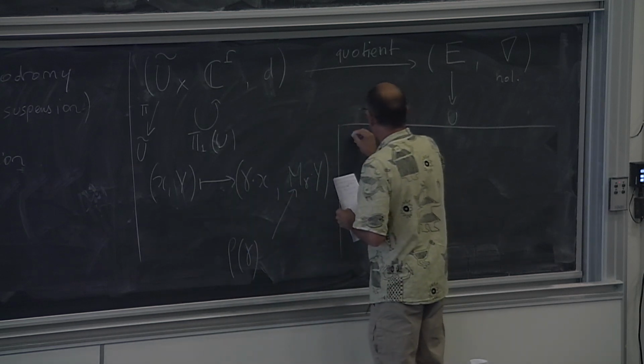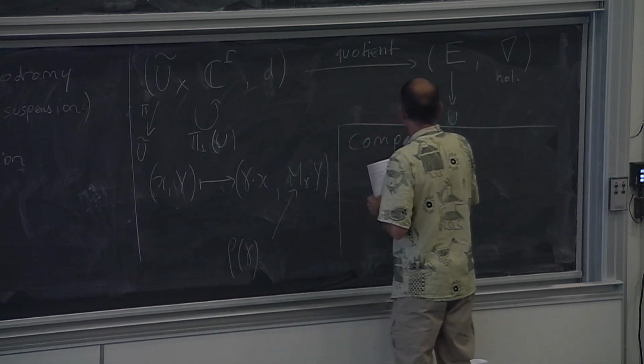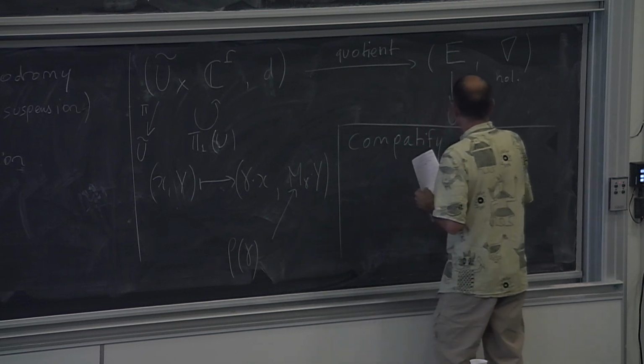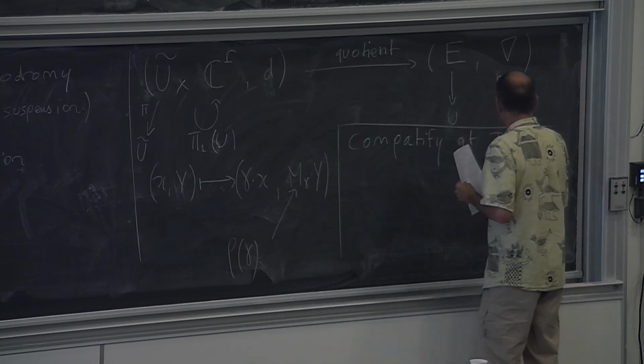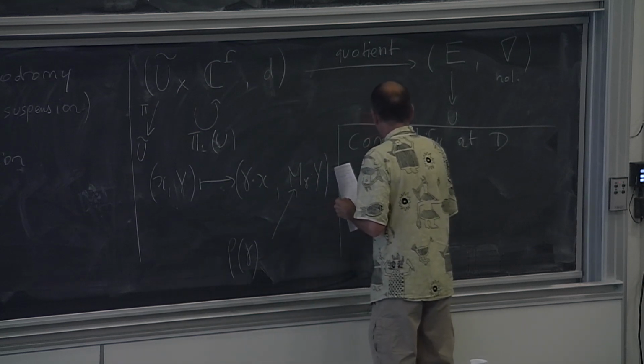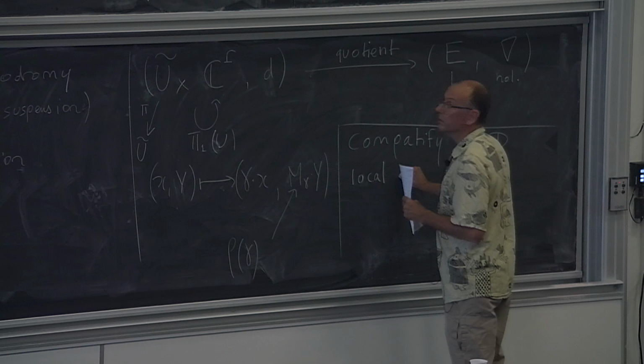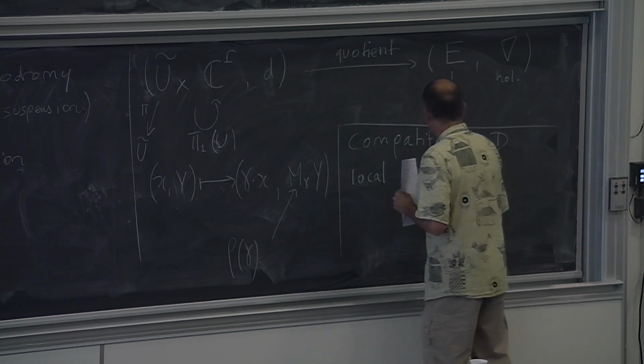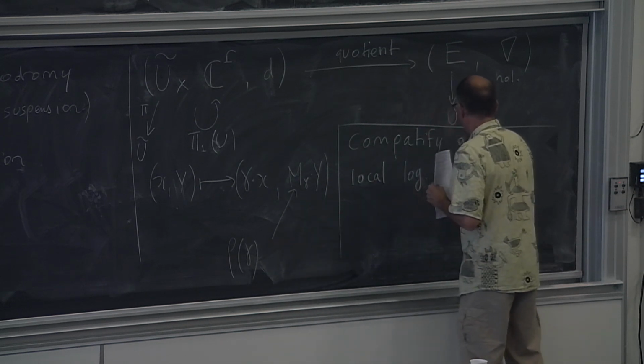And then to compactify, at D, you start with a local logarithmic connection model.